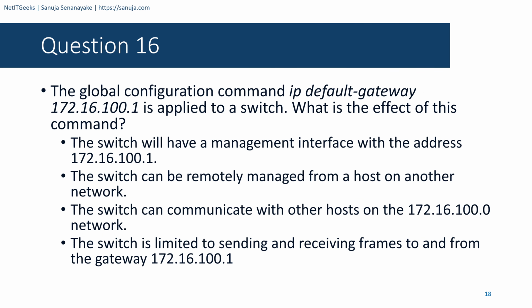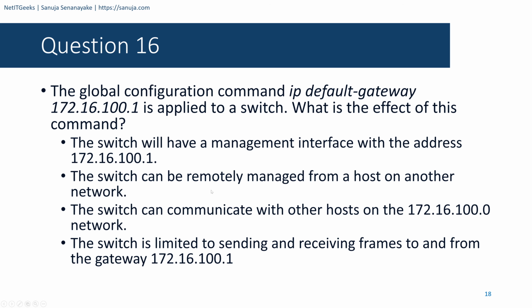Question number 16. The global configuration command ip default-gateway 172.16.100.1 is applied to a switch. What is the effect of this command? So we are in global configuration mode on the Cisco switch, and we are entering ip default-gateway 172.16.100.1. The answers include: the switch will have a management interface with the address 172.16.100.1.